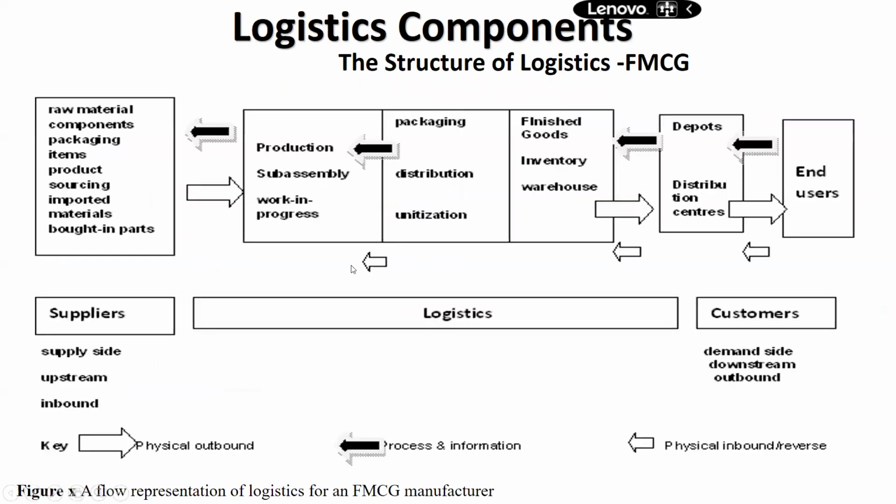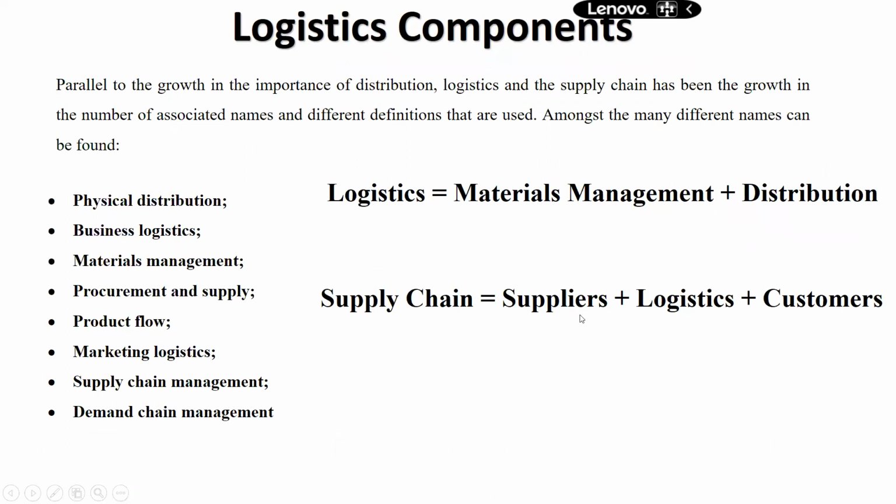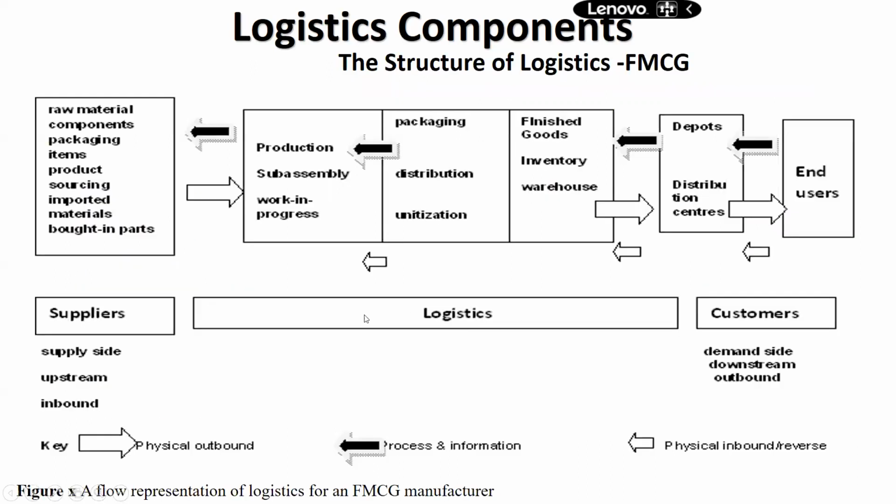Okay, so this is the structure of logistics for fast moving consumer goods, for instance. So you have the raw materials here, you have production, assembling, packing and finish. This is actually at the heart of logistics. So this is what you see. Okay, so this is the logistics we talked about. If you look at the whole process, have you seen the suppliers, logistics, customers?